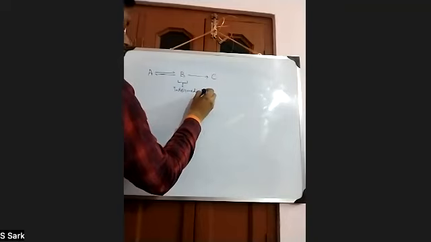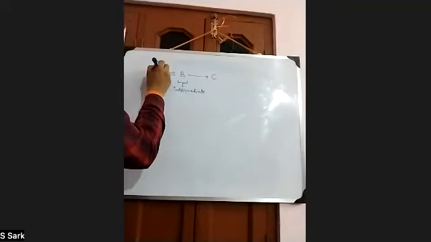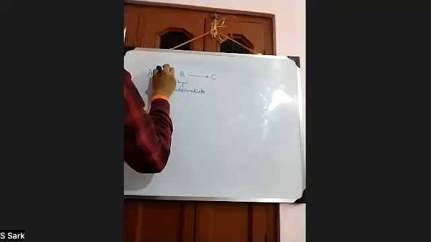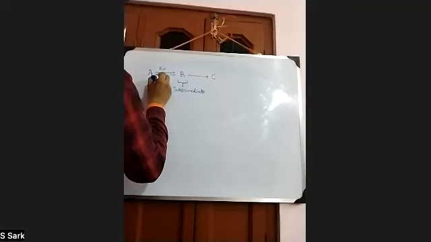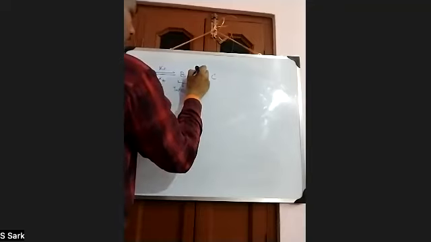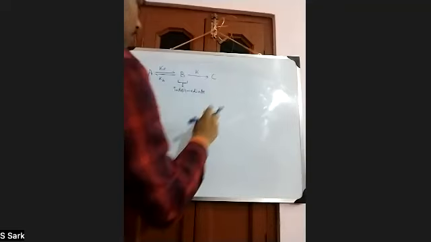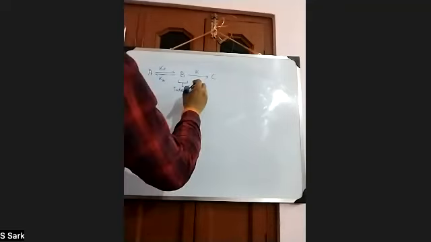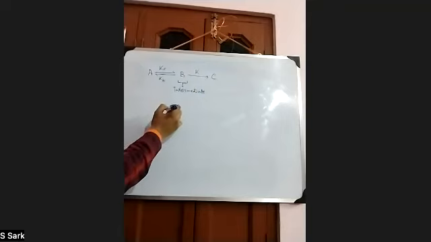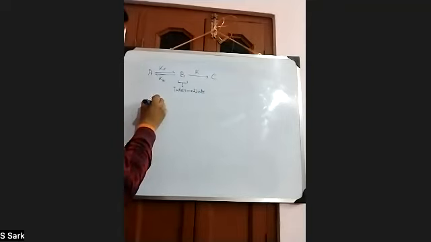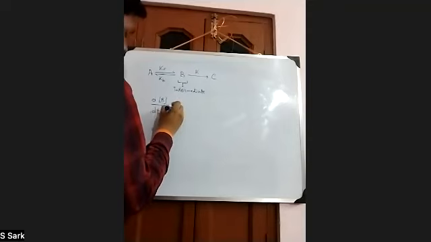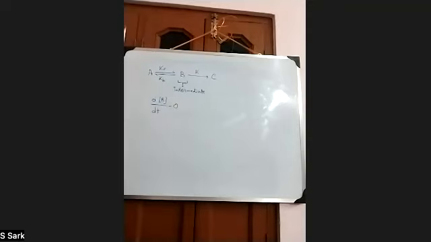This is k forward, this is k backward, and this is the rate constant of the reaction. According to steady state approximation, it is assumed that the change of concentration of the intermediate over an infinitesimally small time gap is 0.